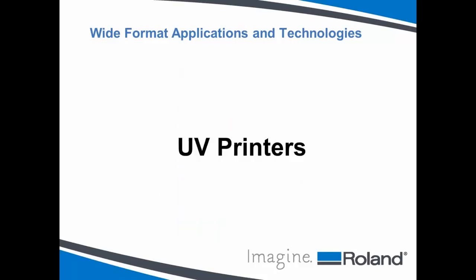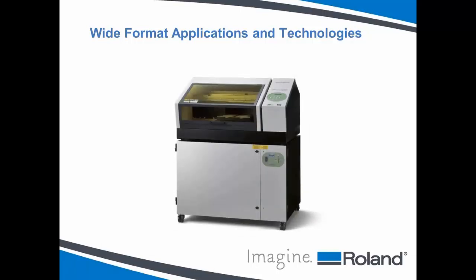Now we'll touch base on UV printing. Now UV printing, we mentioned earlier, you can pretty much print on any type of substrate. On our smaller specialty side, we have our LEF12, which is a flatbed type printer that can print onto really any surface.